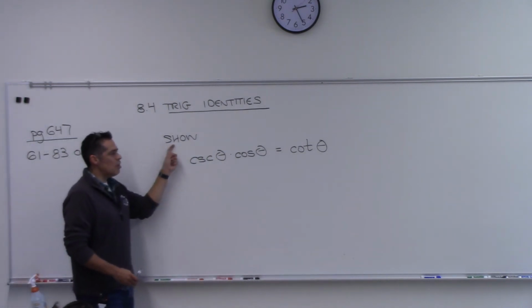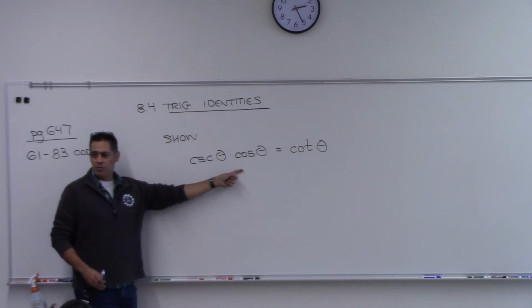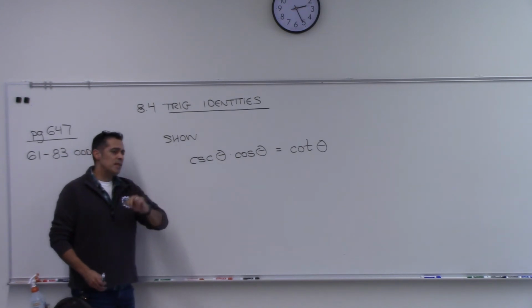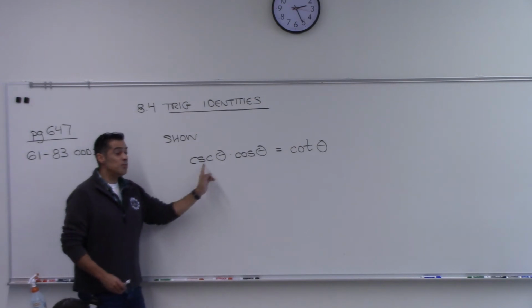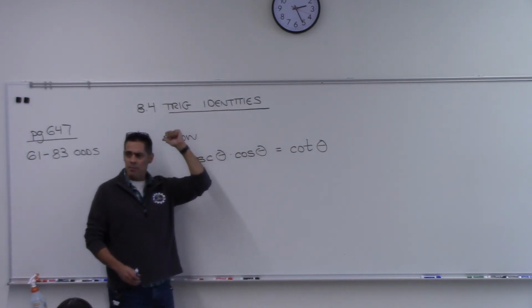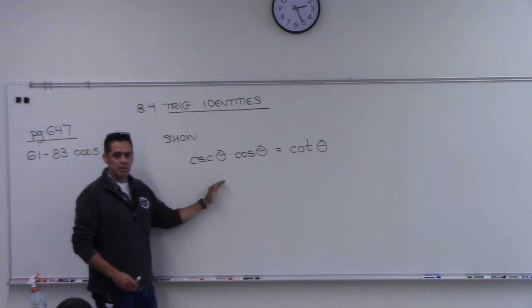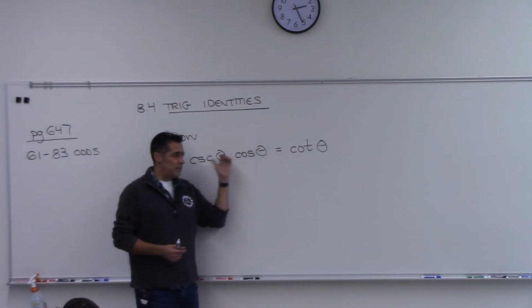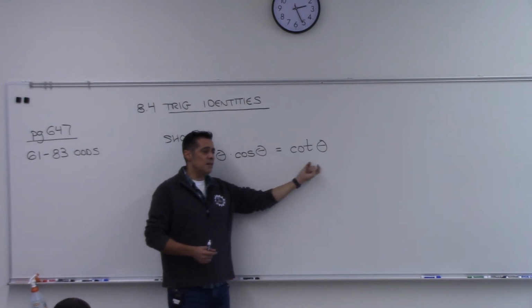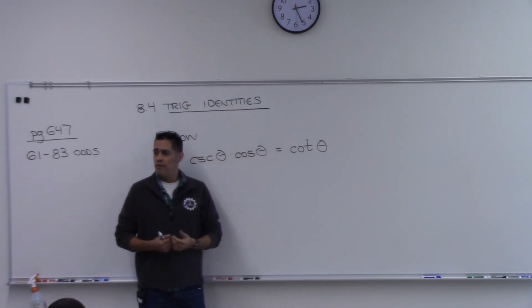I want you to show me that that statement is true. Am I asking you to solve an equation? No. I'm not saying go solve for theta like we did in the previous problem. I'm saying that this side of the equation equals that side of the equation. I want you to show it, prove it.